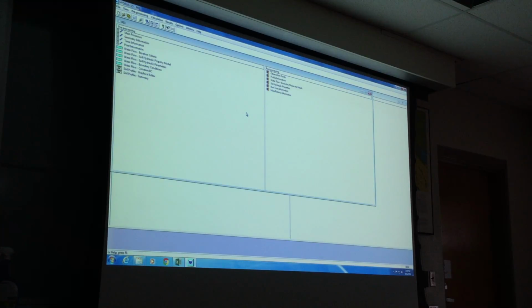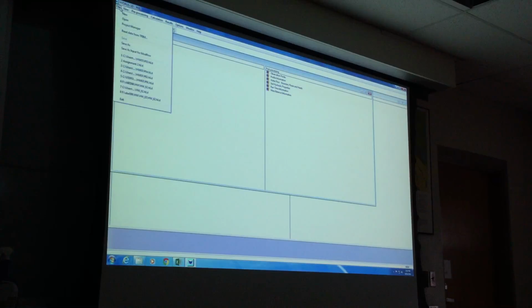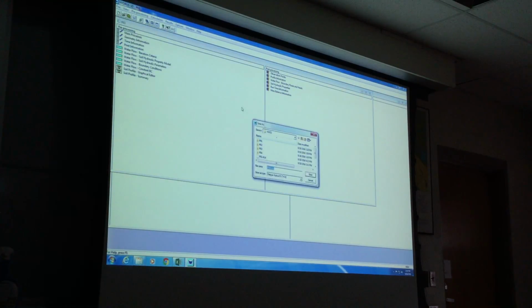And then the only thing we want to do is save this. File, save as, so we go to the next problem, P04. In my case, so we have to do problem 4. And here it probably tells me that I need to save it.